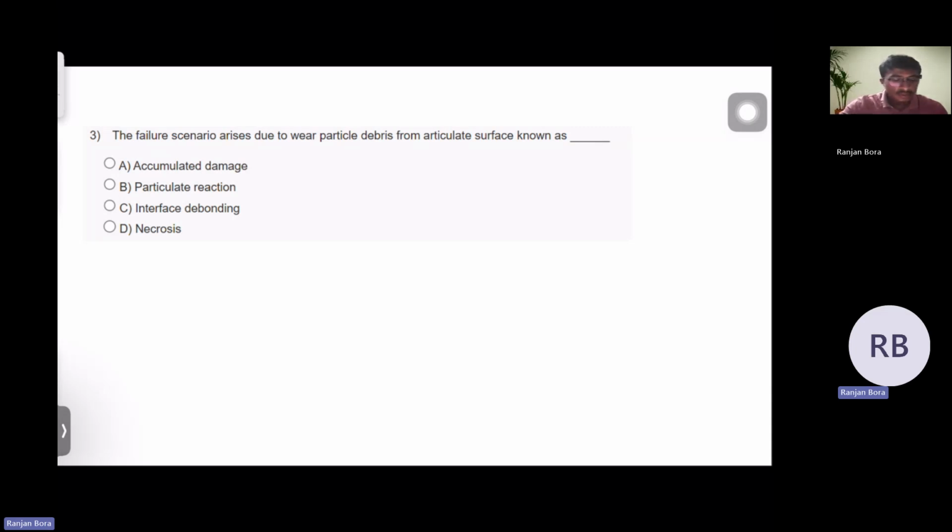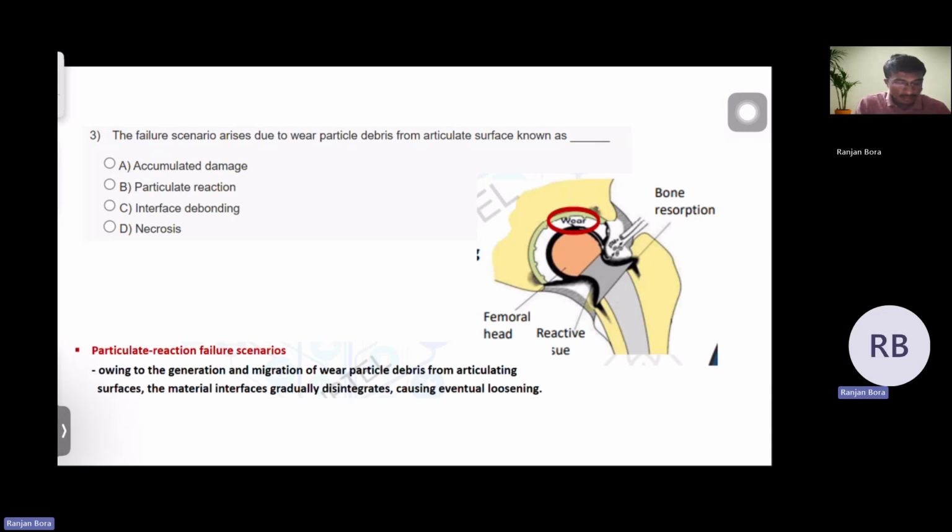Option B is correct. The failure scenario that arises due to wear particle debris from the articulating surface is known as the particulate reaction failure scenario. It is due to the generation and migration of wear particle debris from the articulating surface. The material at the interface gradually disintegrates, causing eventual loosening.